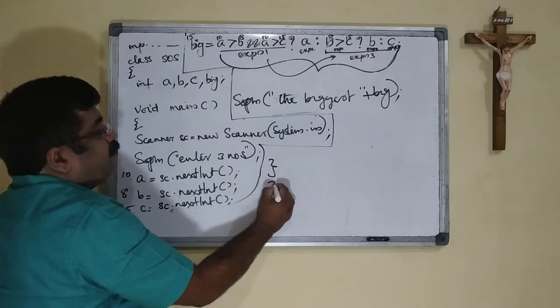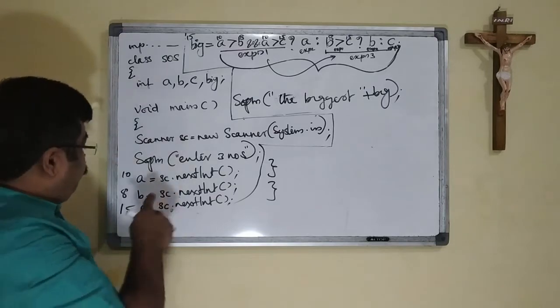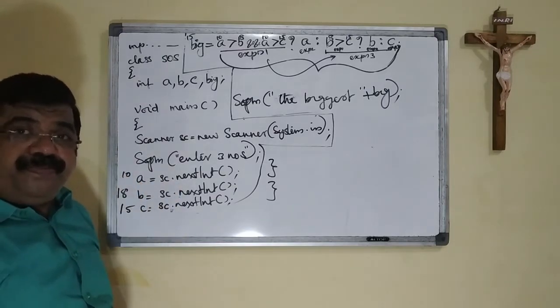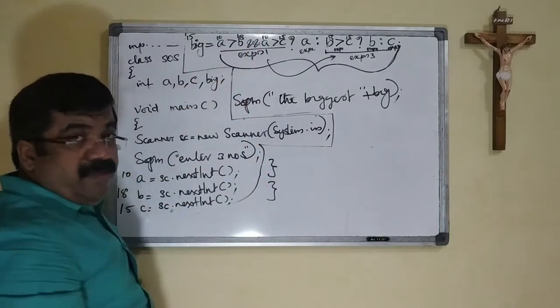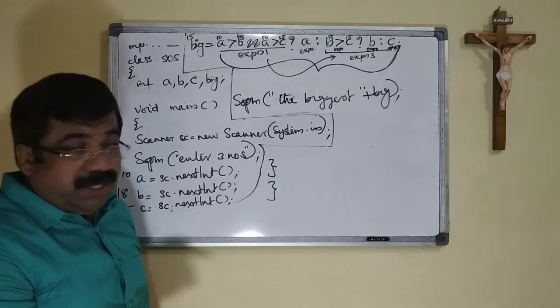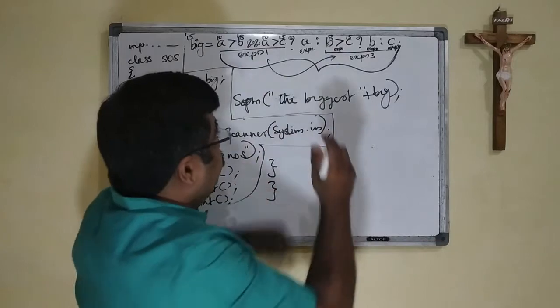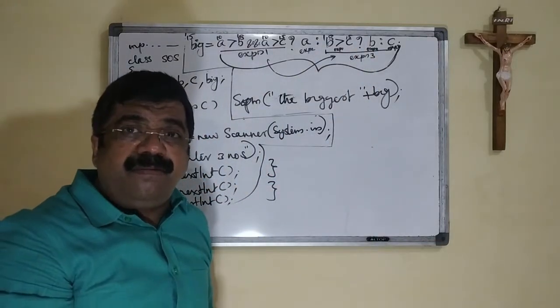Main closed, class closed. Take another value: 10, 18 and 15. 10 greater than 18, condition false. So this statement is not executed. Coming to this part. 18 greater than 15.